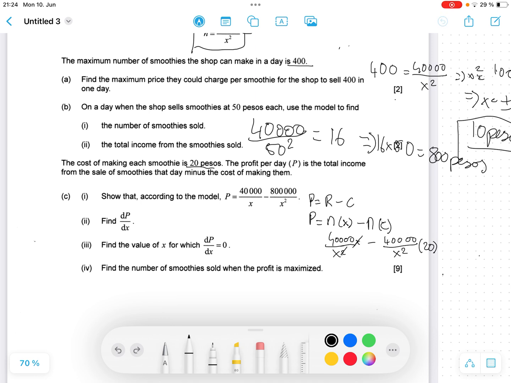So we can simply write that as 800,000 over X squared.